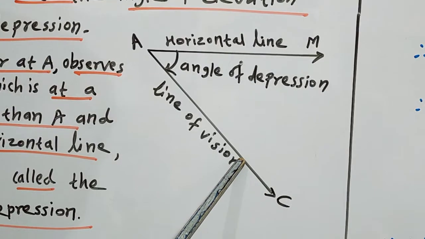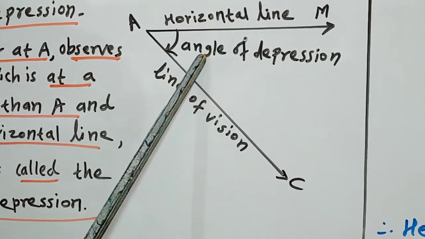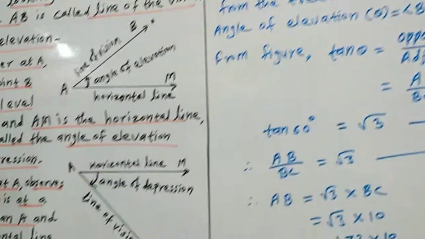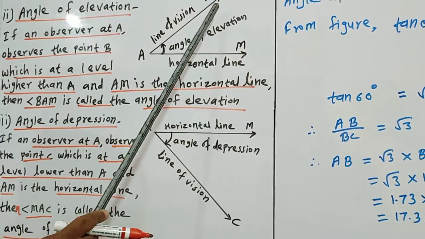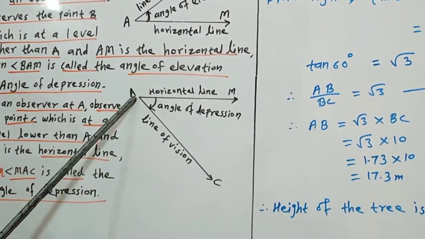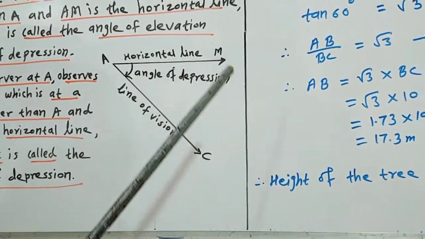This line of vision AC makes an angle with line AM, and this angle is called angle of depression. So when the observer looks up, that time there is angle of elevation with the horizontal line, and when the observer looks down, that time there is angle of depression with the horizontal line.